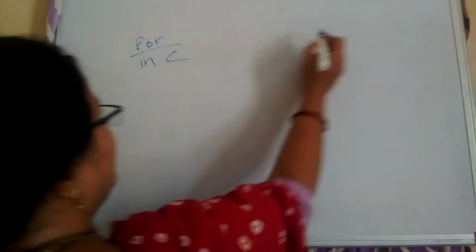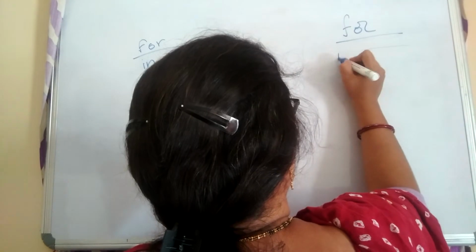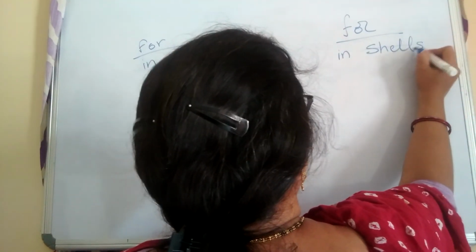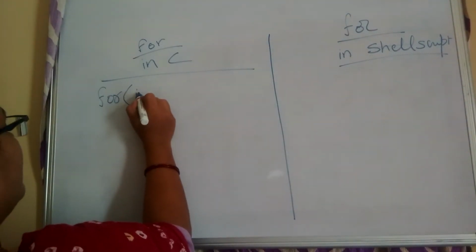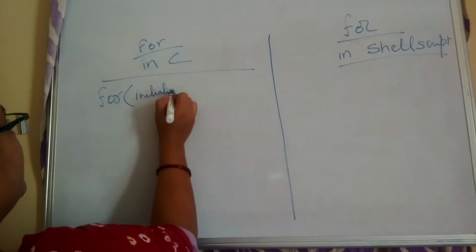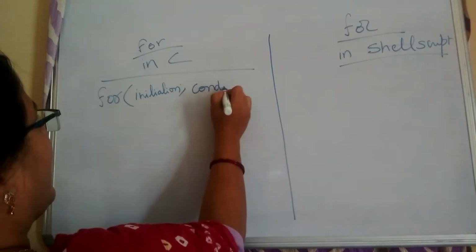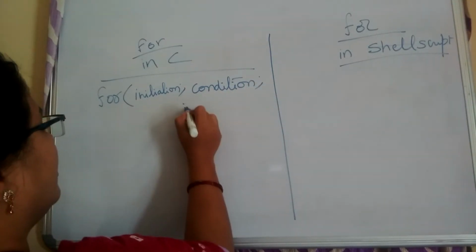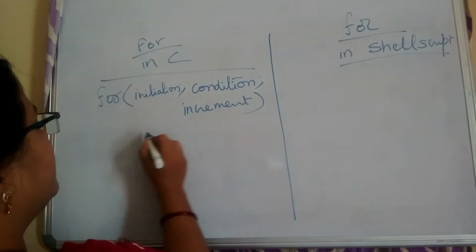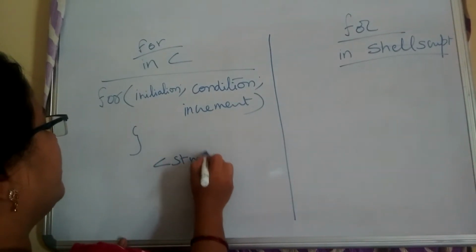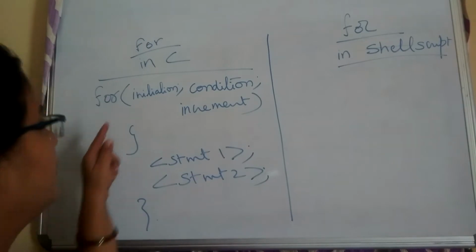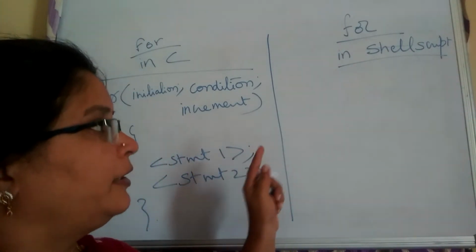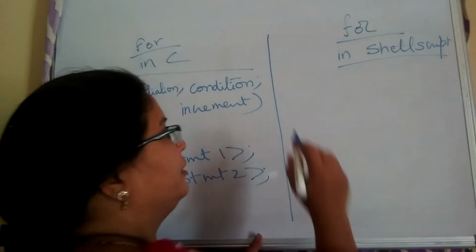For in C can be written as: for (initialization; condition; increment) { statement 1; statement 2; }. This is how the for looks in C programming, but in shell script the for is different.